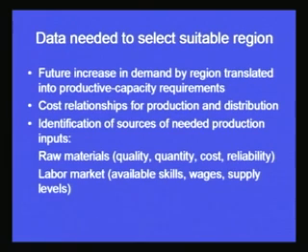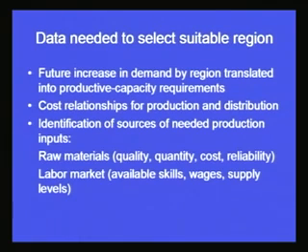Then the wages. If you remember, we have seen in one of the lectures that if we want to set up a facility, we would always like to set it up in such an area where the prevailing wages are not very high. Because the money that we pay to our workers is going to add up into the cost of the product, and we want to minimize the cost of the product to be competitive in the market.